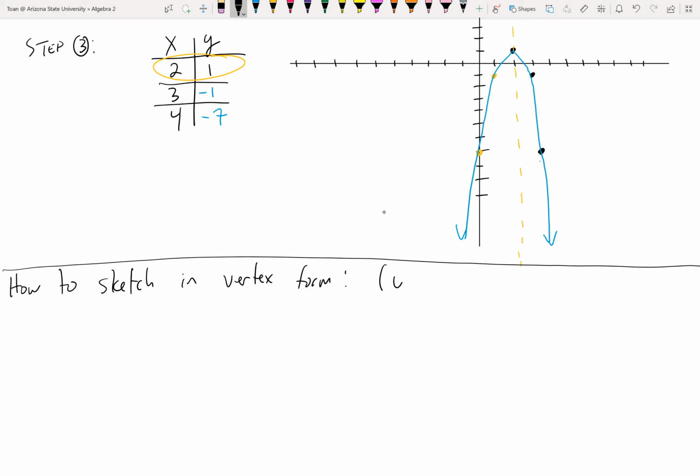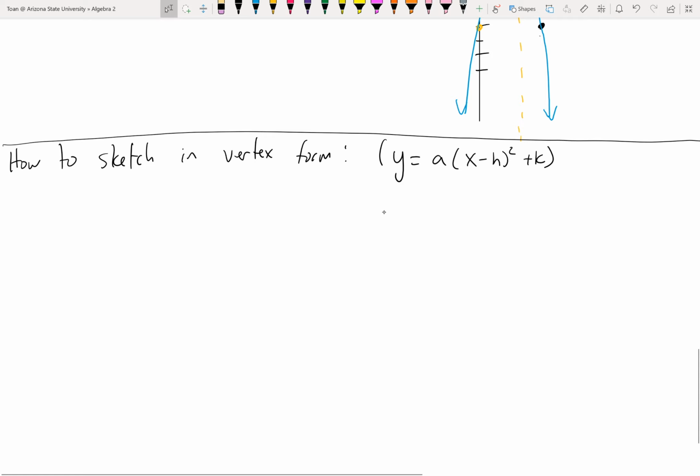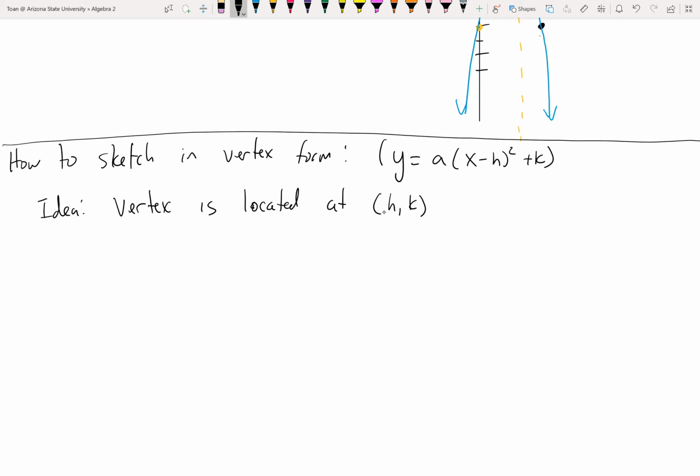And if you forgot what vertex form is, it's a(x minus h) squared plus k. The reason why we call this vertex form is because it gives you what the vertex is. So the idea is that the vertex is always located at h comma k.